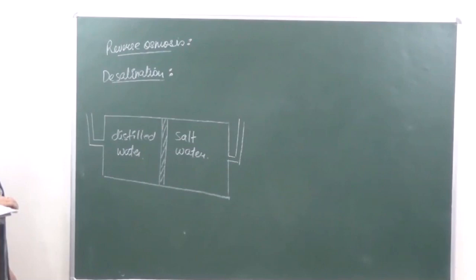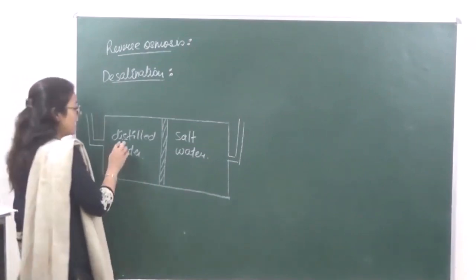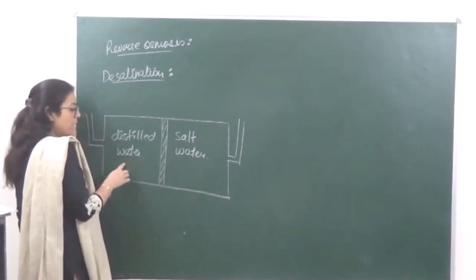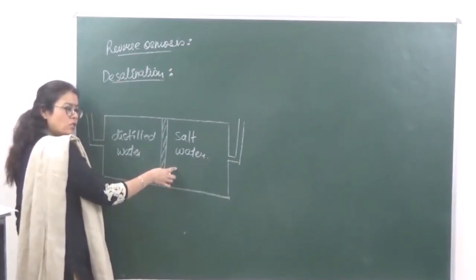Now due to osmosis, the distilled water will flow towards the salt water, from its higher concentration to its lower concentration.